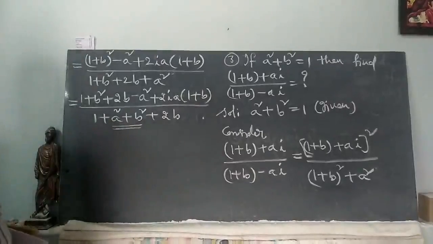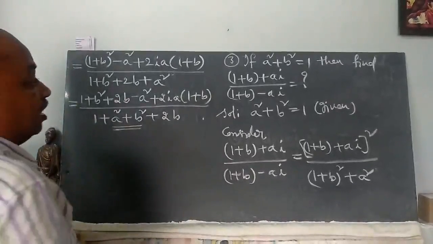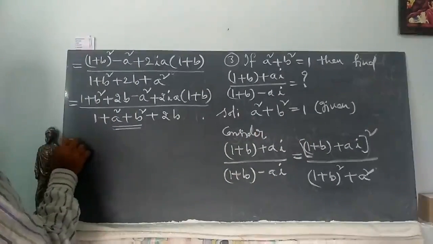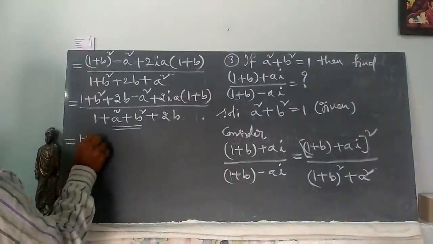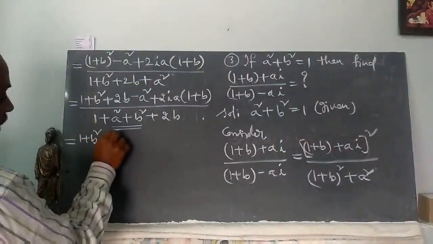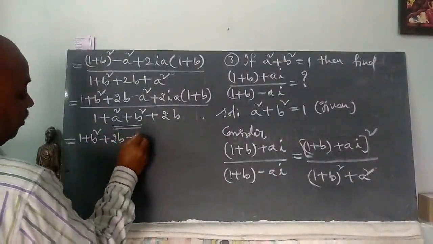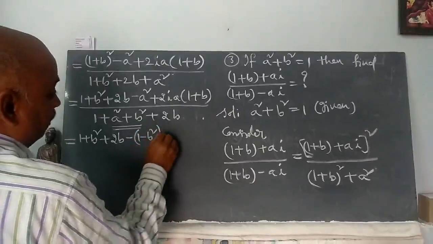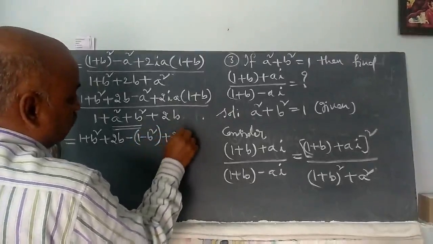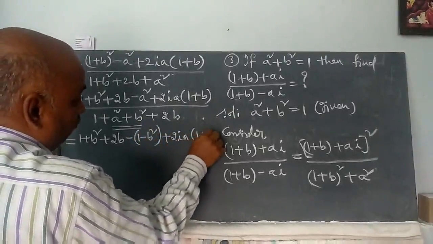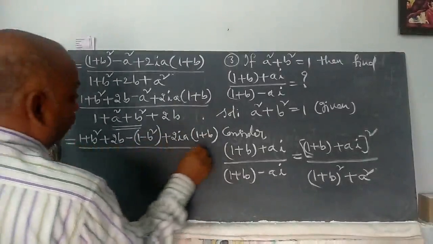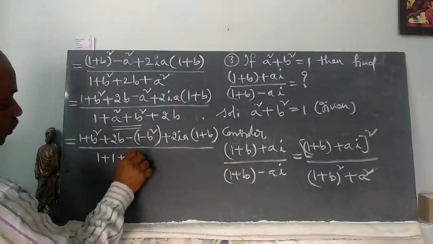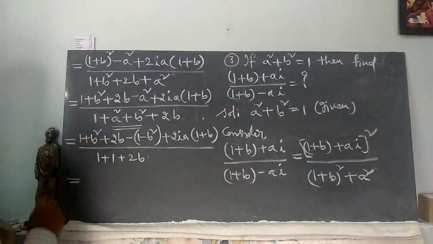A square plus B square is equal to 1 and A square is equal to 1 minus B square. So this is equal to 1 plus B square plus 2B minus of (1 minus B square) plus 2iA into (1 plus B) whole by 1 plus 1 plus 2B.